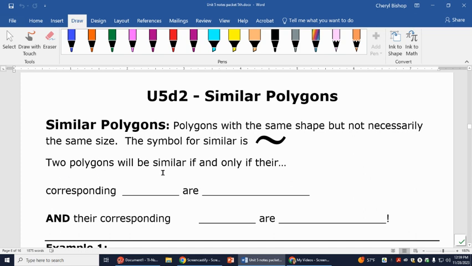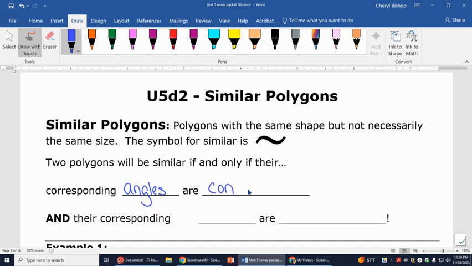Two polygons will only be similar if and only if their corresponding angles are congruent, just like in congruent figures, and their corresponding sides are proportional.